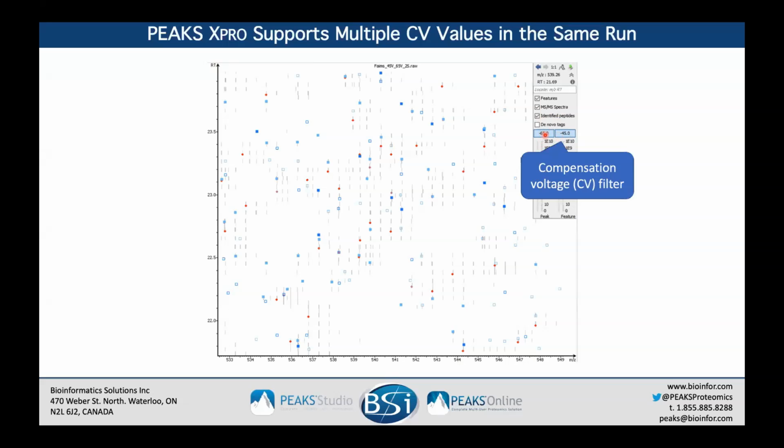And I should also mention that you can use multiple compensation voltages per run. There's no need to run one or two per run and completely re-inject. You can put up as many as you feel necessary in your experimental design.